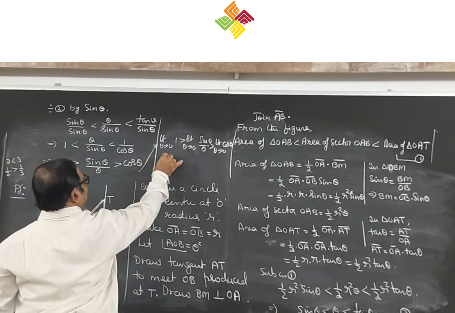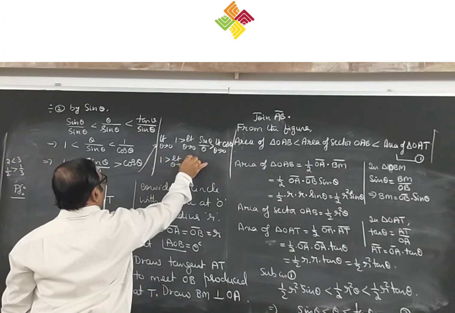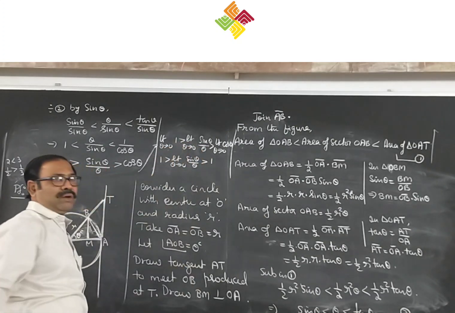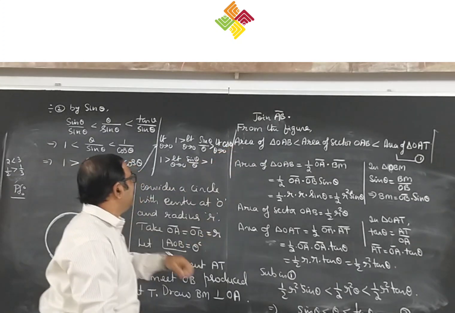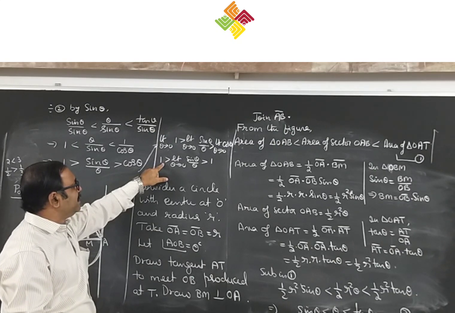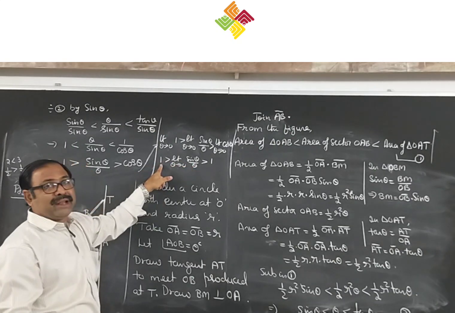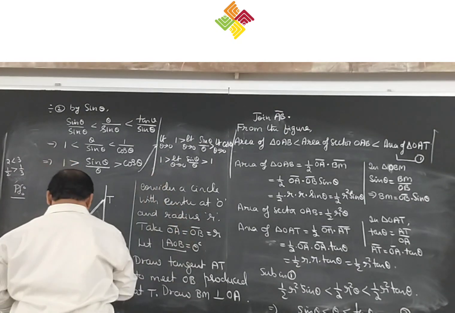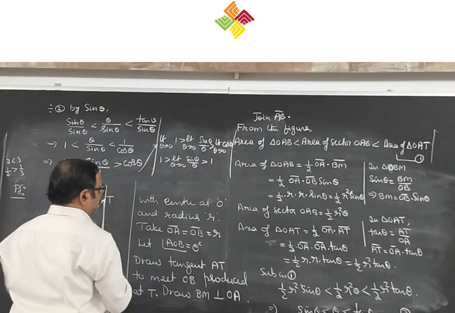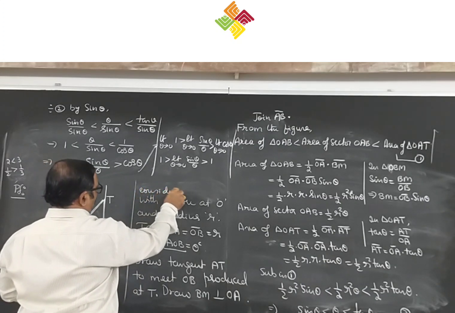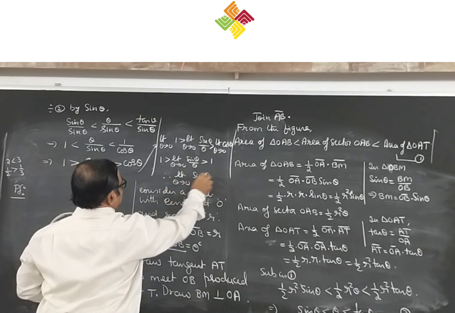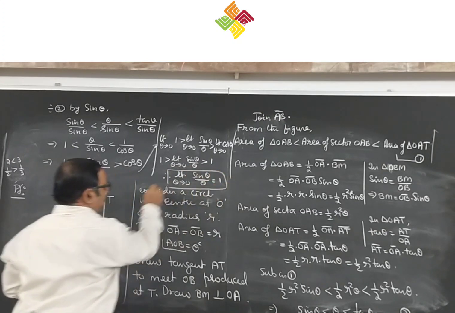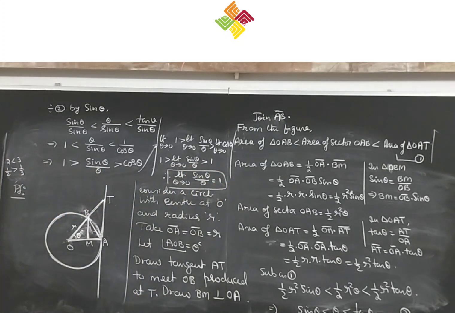Now, this is 1 greater than limit theta tending to 0 of sin theta by theta greater than 1. Why? Limit theta tending to 0, cos theta is how much? Cos 0, 1. Now, you get a limit which is strictly less than 1 and strictly greater than 1. Is it possible? No. Therefore, limit theta tending to 0, sin theta by theta is equal to 1.